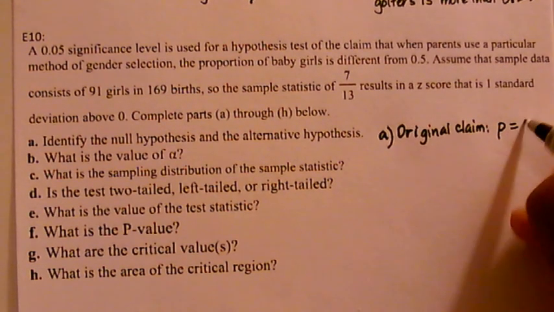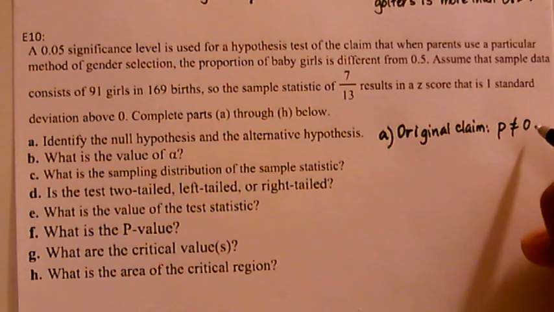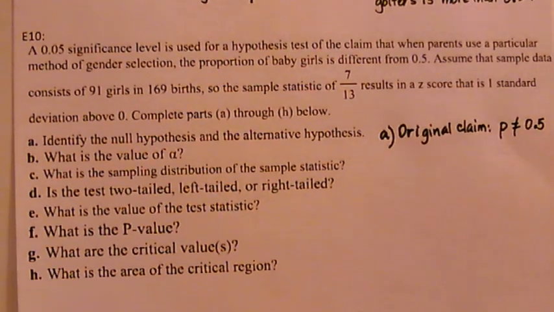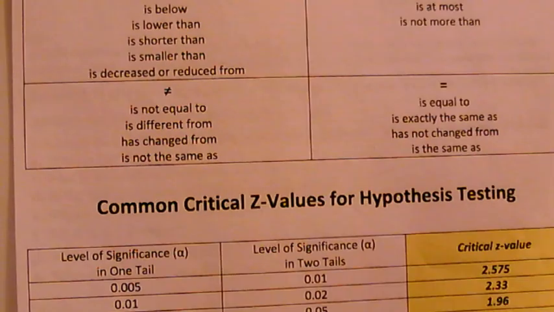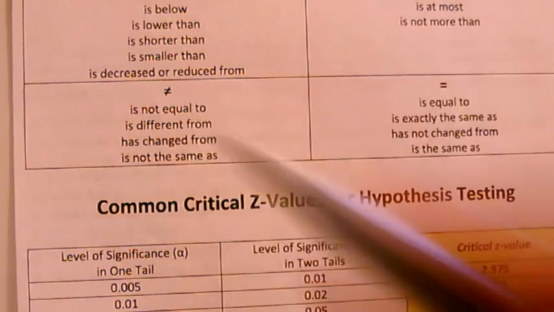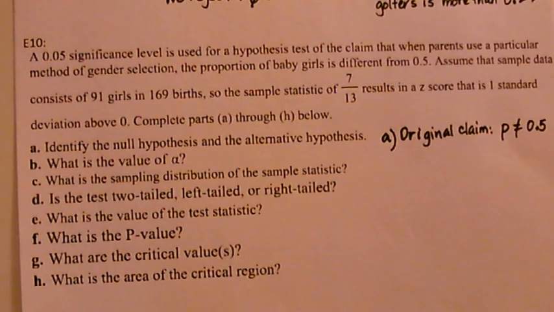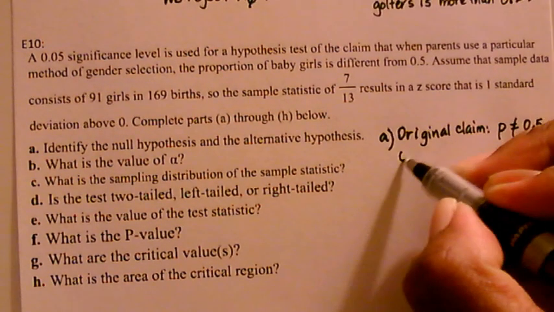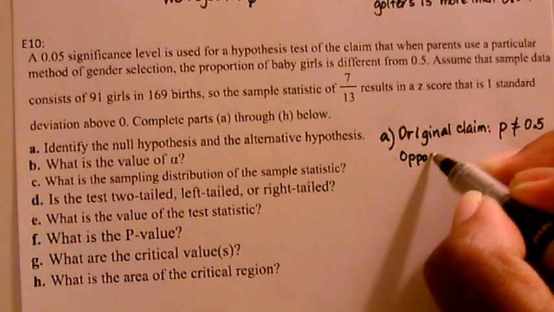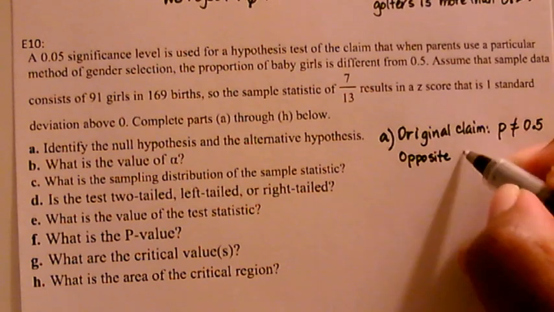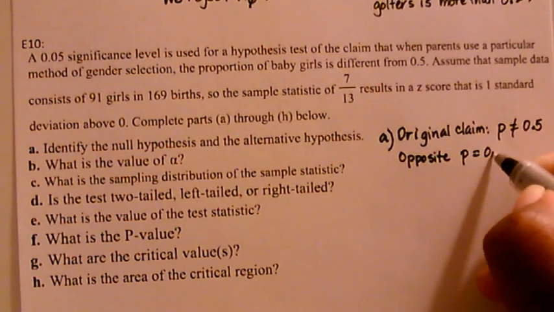Your proportion is going to be lowercase p, and different means not equal to 0.5. Okay? So if you look at your hypothesis test common phrases, you'll see is different from means not equal to when you write it in symbolic form. So the original claim is p is not equal to 0.5. The opposite is this. If it's not equal to 0.5, then the proportion must be equal to 0.5.